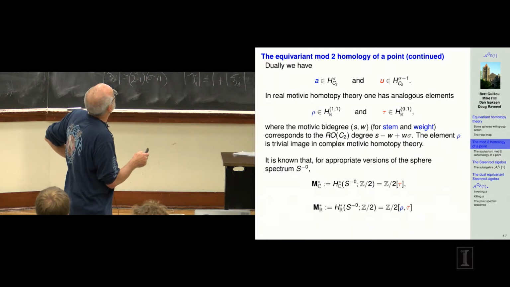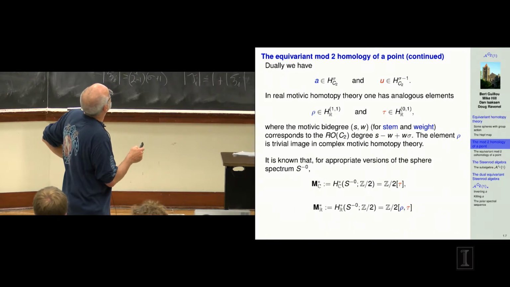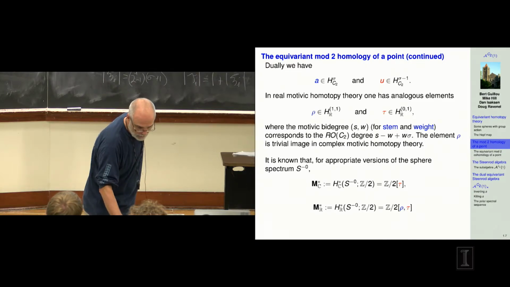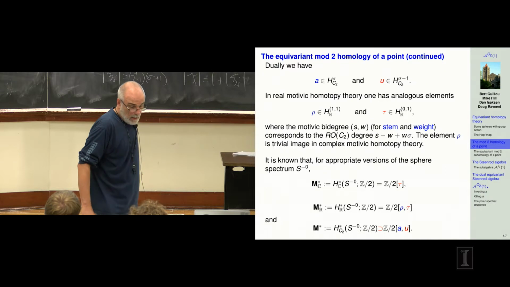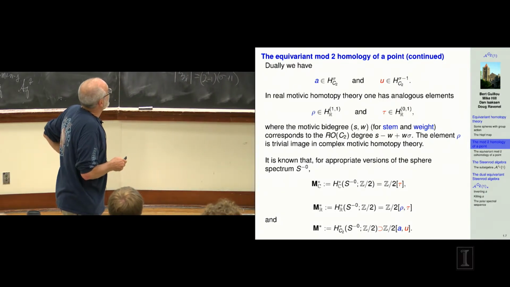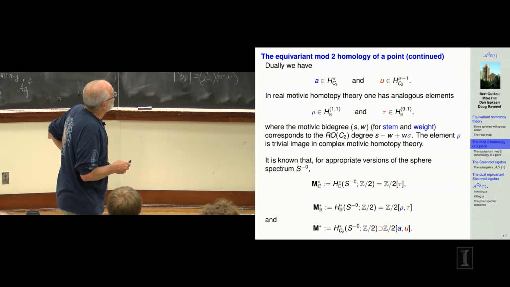So rho and tau are these elements that correspond to A and U that have these geometric descriptions that I showed you before. Now, in the equivariant world, I'm not having any subscript here.